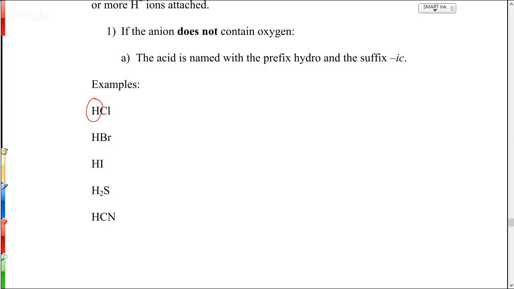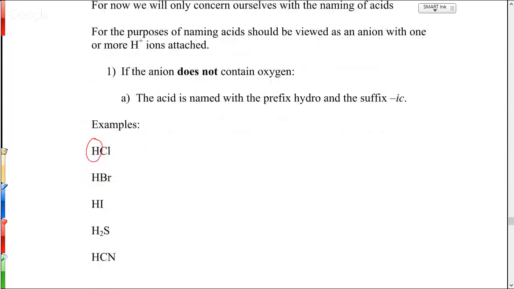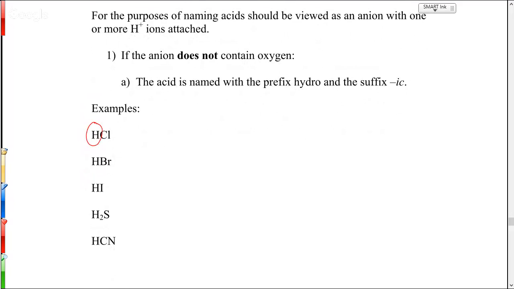So there's 2 types of acids. There's the ones that are binary or sort of binary, which are the ones listed here, where you just have H and then one other ion. These are the ones you've probably heard of, like you hopefully know that HCl is hydrochloric acid.